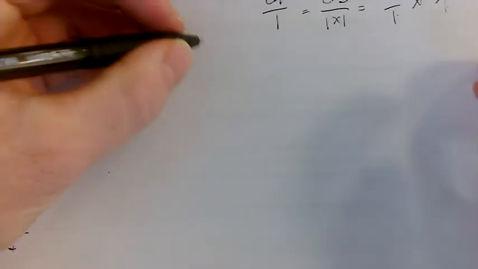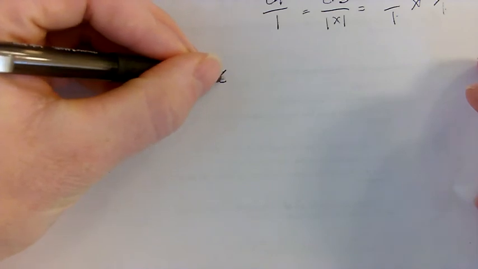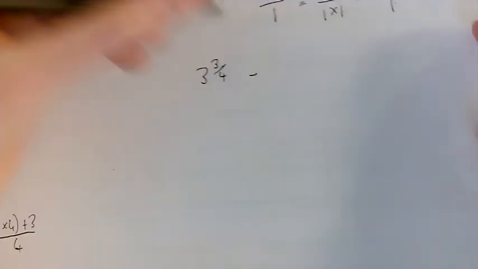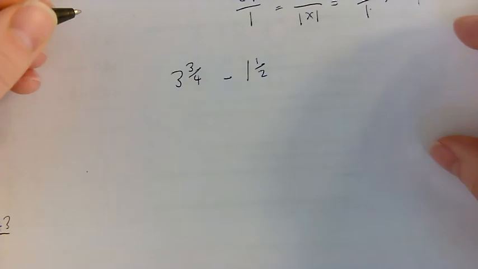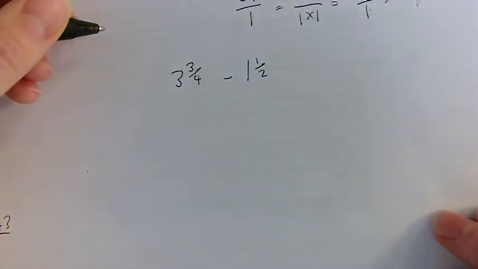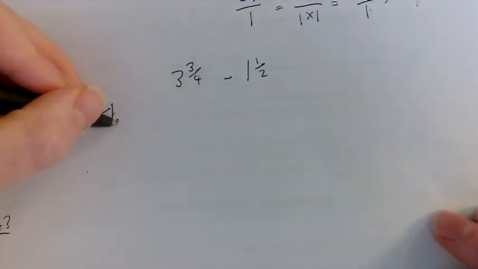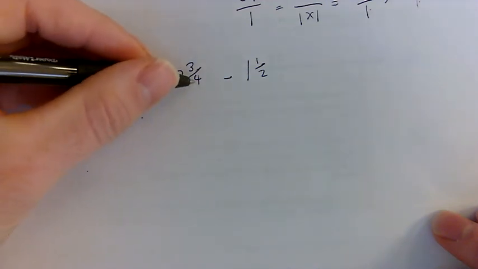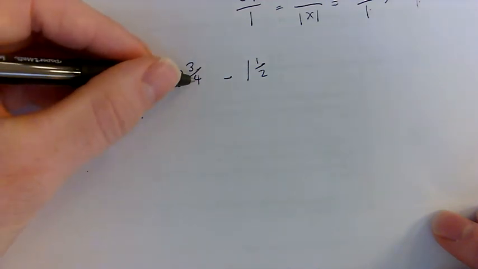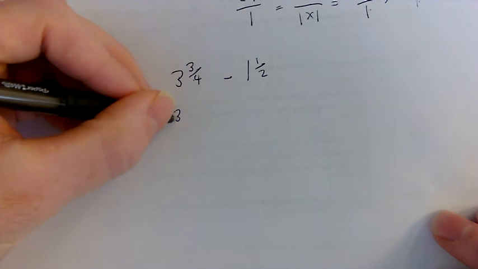So it is 3 3/4, and I'm taking away from that 1 1/2. So step 1, as we did in the previous question, change them into improper fractions. So it's going to be 4 multiplied by 3.